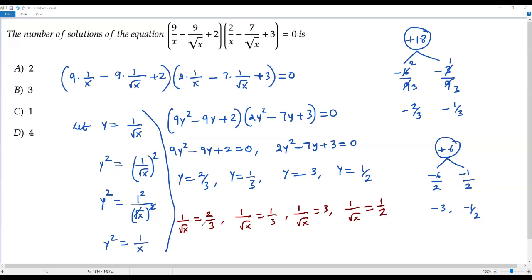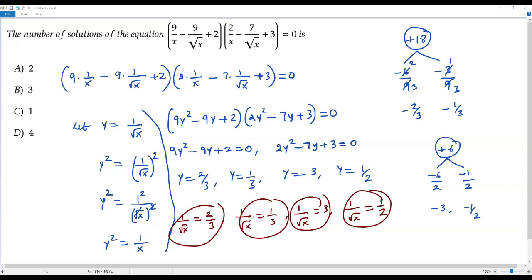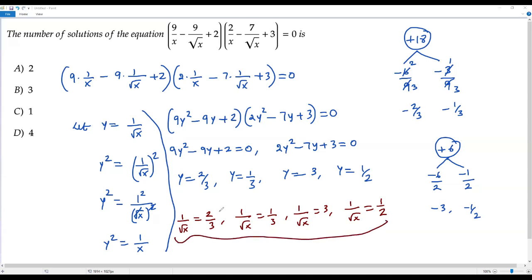Now what we can do is square both sides to get rid of the square root for x, and we can solve for x. If I solve the first equation for x, I'll be getting one value, and the same in this equation, in this equation, and in this equation. So solving these 4 equations, I will be getting 4 real values for x, because none of the equations will give an imaginary value for x. To get rid of the square root in each of these 4 equations, we square both sides.